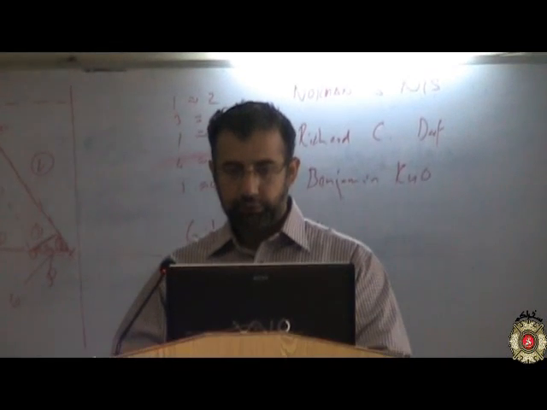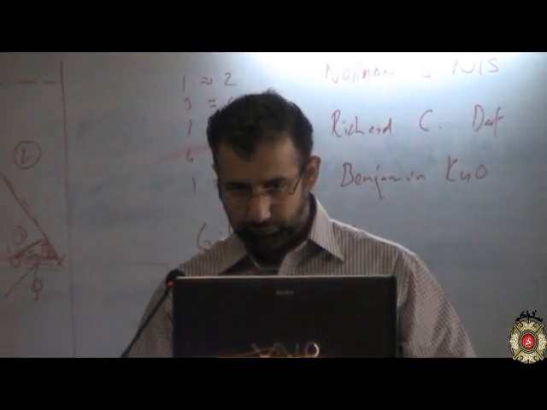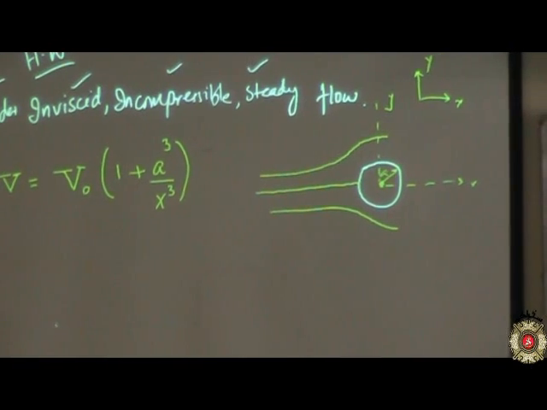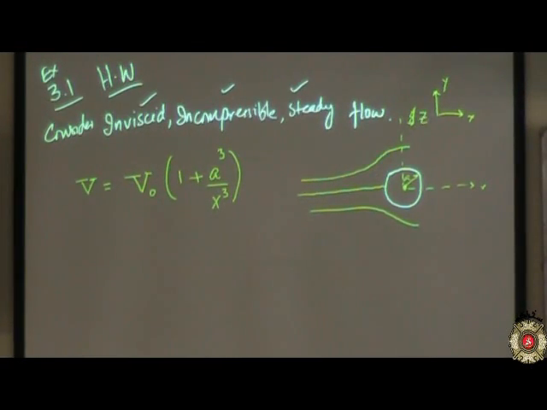So the point here is that you have your origin somewhere here, and by the way he calls this z, so let's keep the same convention. The origin is here, and the velocity comes in as V naught.